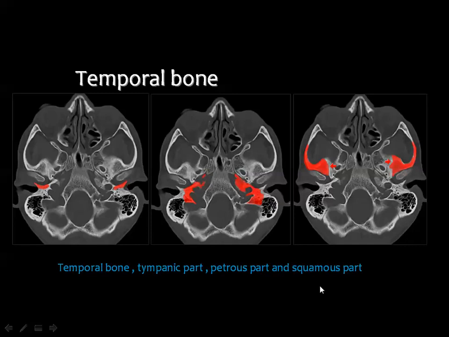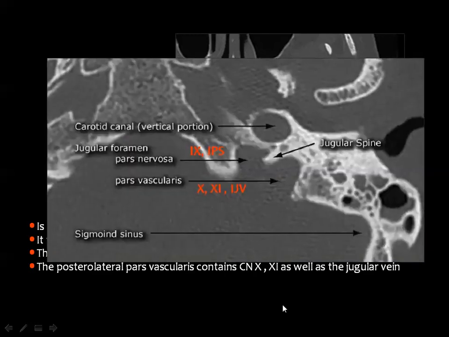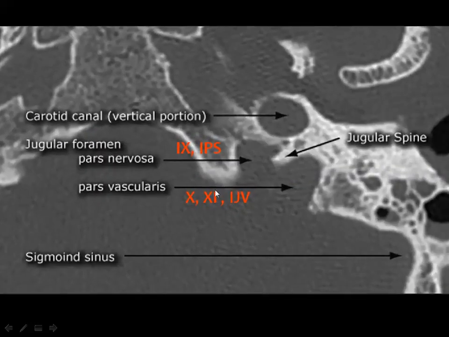and this is the squamous part of the temporal bone. Now, this is the internal jugular foramen, which is divided by a bony ridge known as the jugular spine into two components, the pars nervosa and the pars vasculosa. Here you can see the internal carotid canal, and this is the jugular fossa, this is the jugular spine.